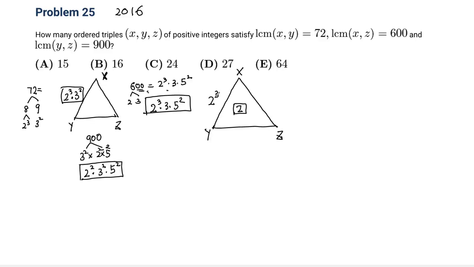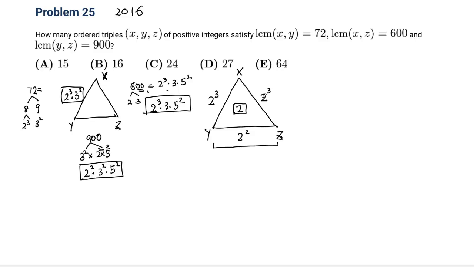So x, y, g. This is also 2 cubed, right? Between y and g is 2 squared, isn't it? Take a look over here. The maximum exponent of 2 between y and g is only 2, but this is 3 and 3, right?